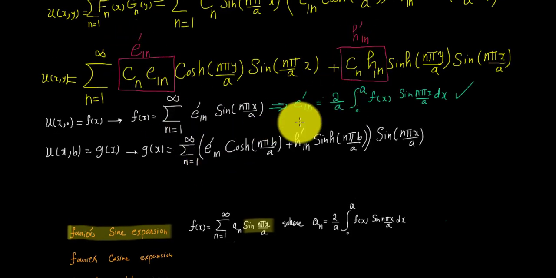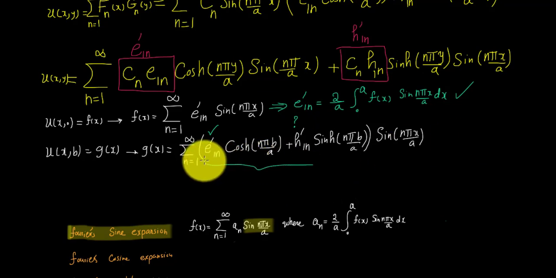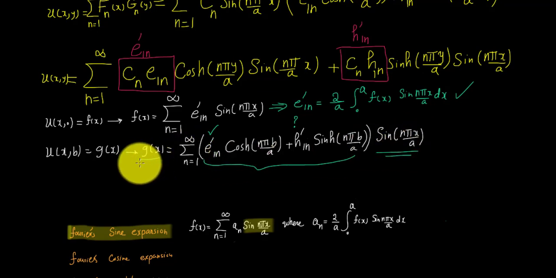Once we find e prime 1n, we will plug it into the second equation for e prime 1n, and the only unknown here is h prime 1n. Similarly, you have a coefficient attached to sine n pi x over a in a series of a known function g of x.